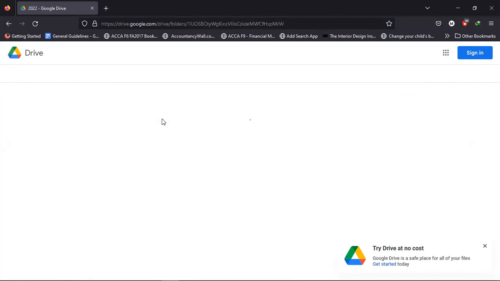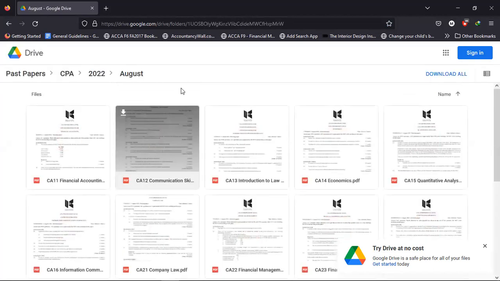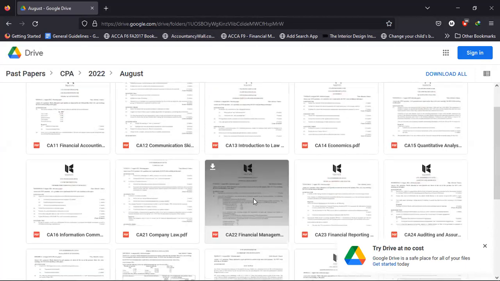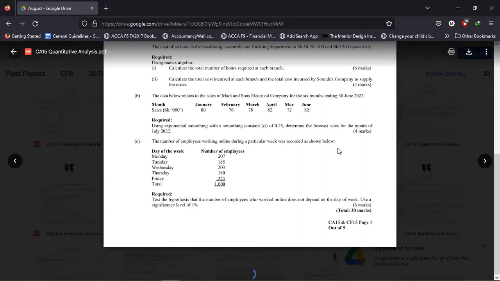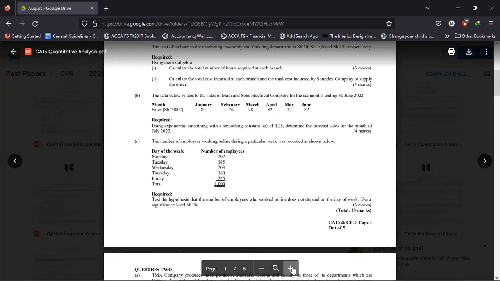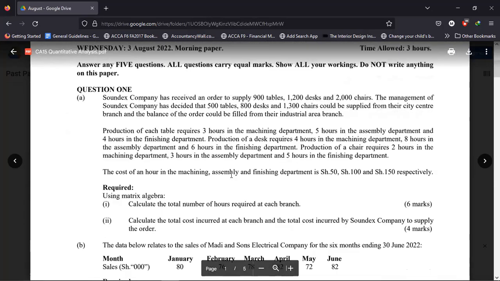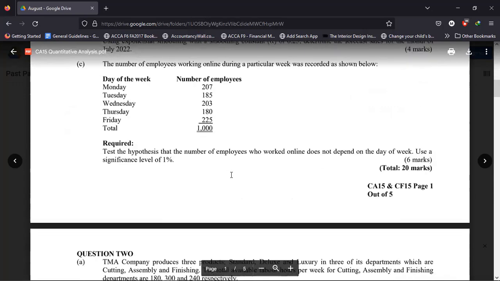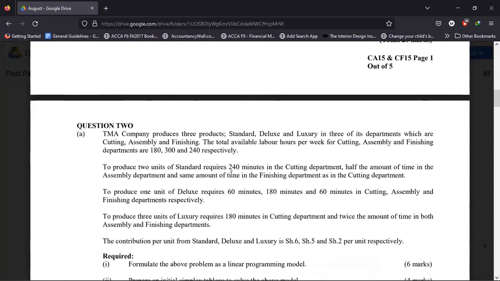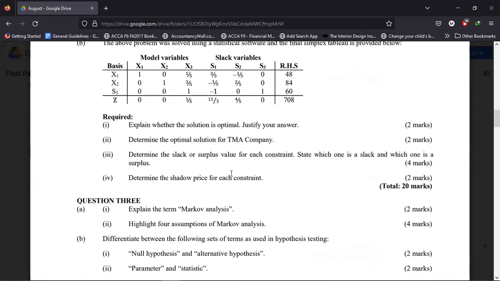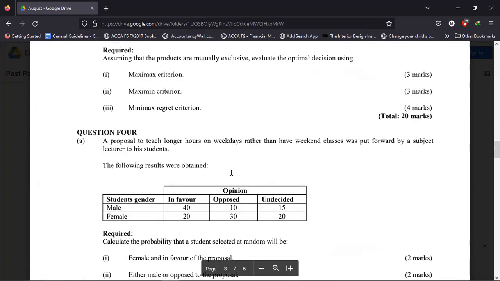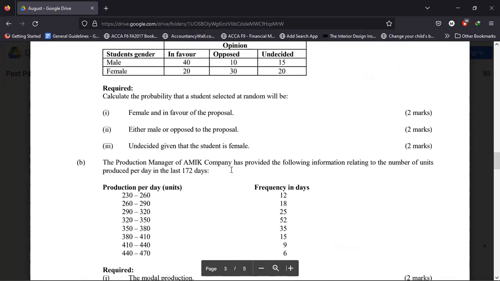So let me start with August. So August is here. Let's see whether they were able to bring any of these concepts so that we can deal with it.